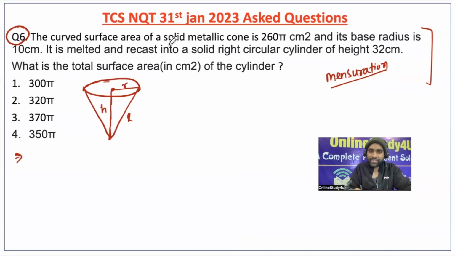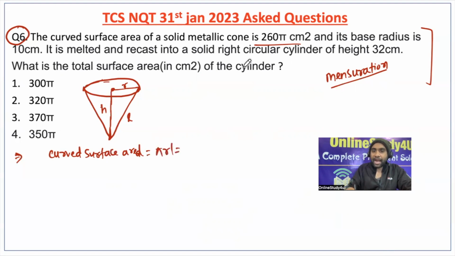Now, what is the information given here? The curved surface area of a solid metallic cone is 260 pi centimeter square. The curved surface area of a cone will be pi R L, and here it has been given 260 pi.